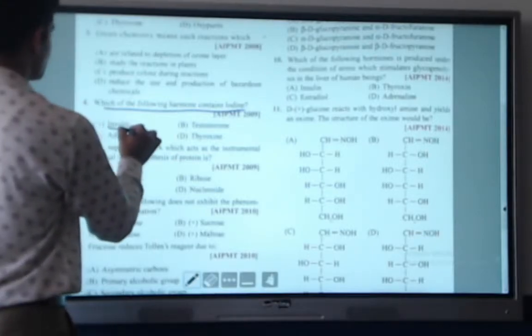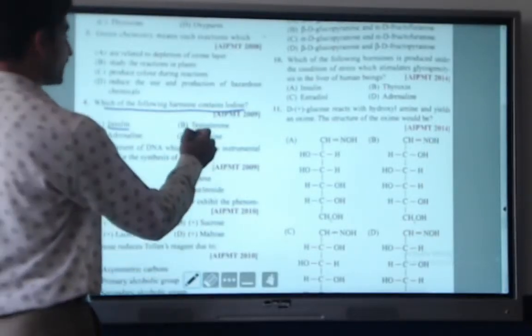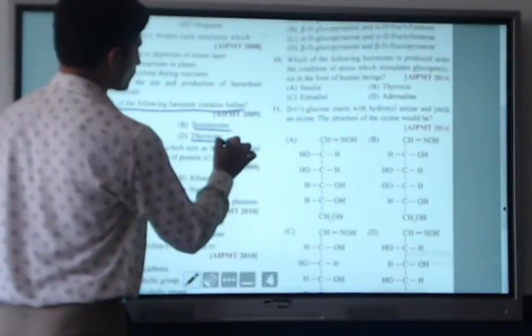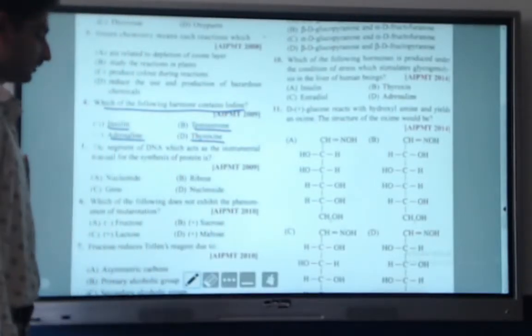First option is insulin, second option is testosterone, third option is adrenaline, and the fourth option is thyroxine.